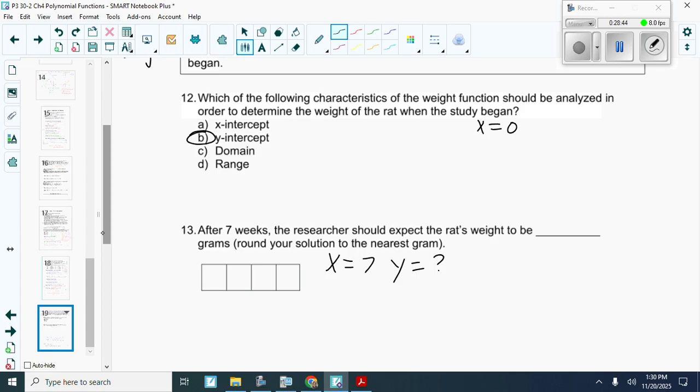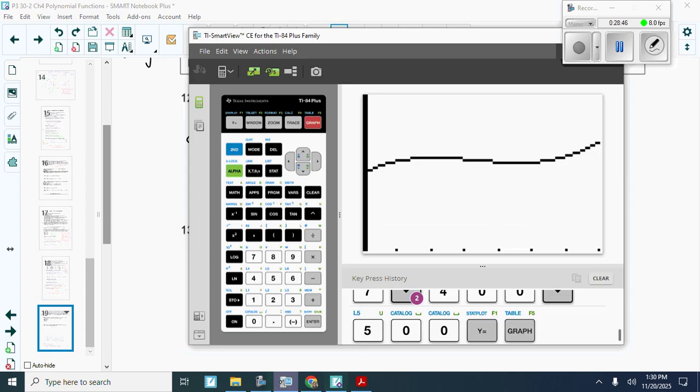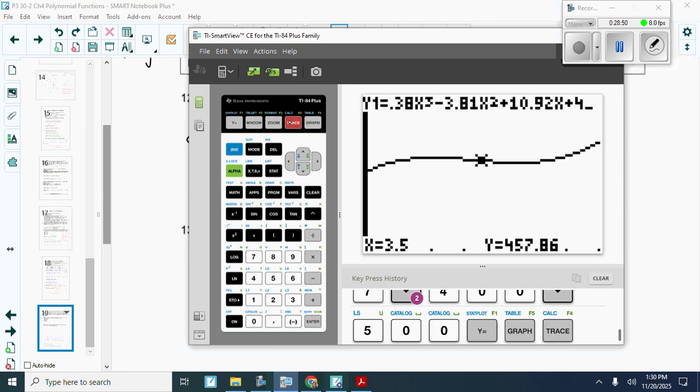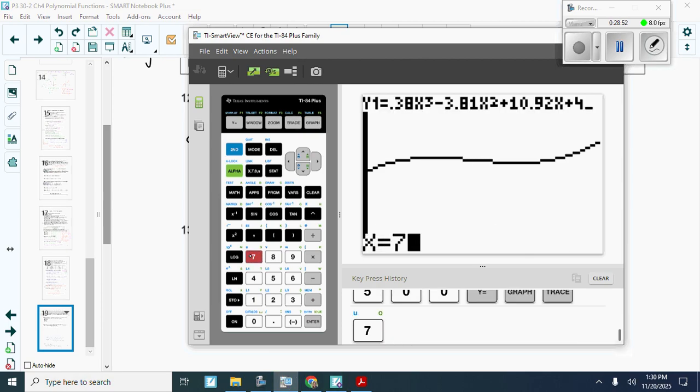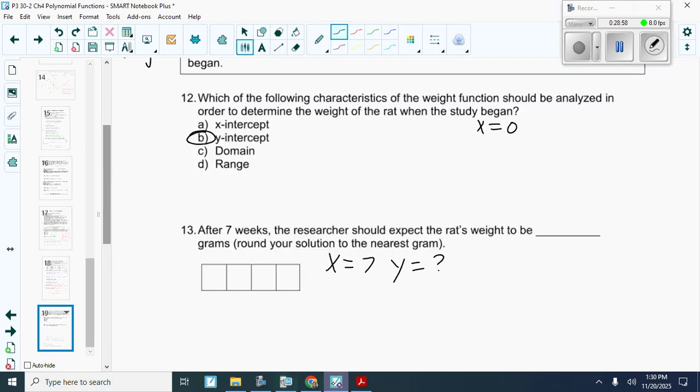Okay, so we can head back over, and we can just do trace, and we can tell that we're interested in when x is equal to 7. Then y is equal to 470.11. And it wants it to the nearest gram, so just make sure you're cool with rounding, and you guys are all set.